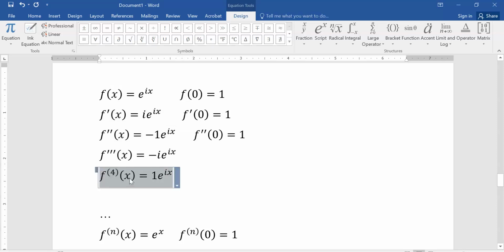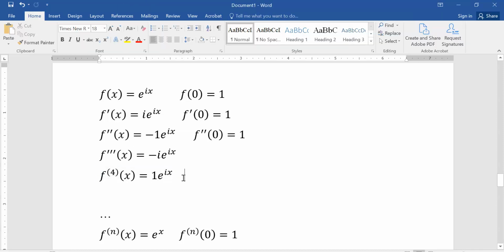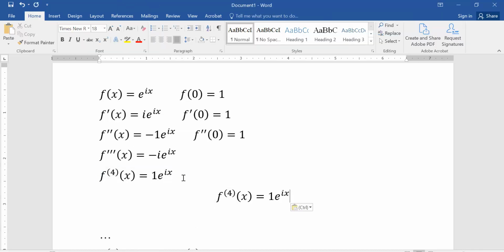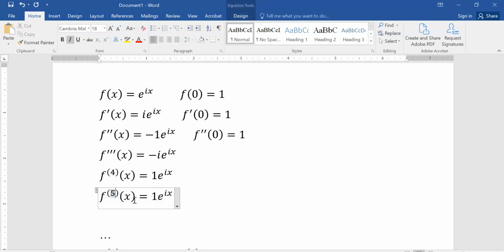Now, what's that mean? Well, that means I'm going to have this pattern here where when I take the fifth derivative, I get i times e to the ix. So my fifth derivative is identical to my first derivative.